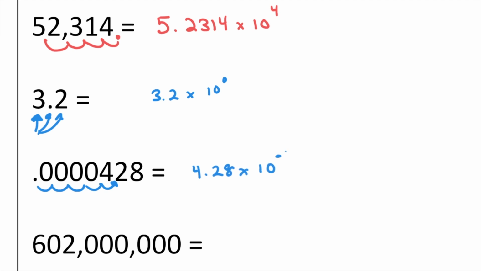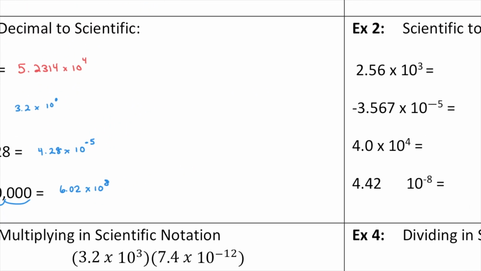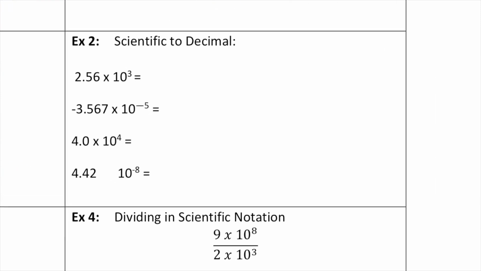Since it was a small number, it's 10 to the negative 5. Our last example for this one looks like a large number. So we're going to move the decimal so that we have 6.02. Count that we've moved 3, 6, 7, 8, so times 10 to the 8th power. A large number, positive exponents.